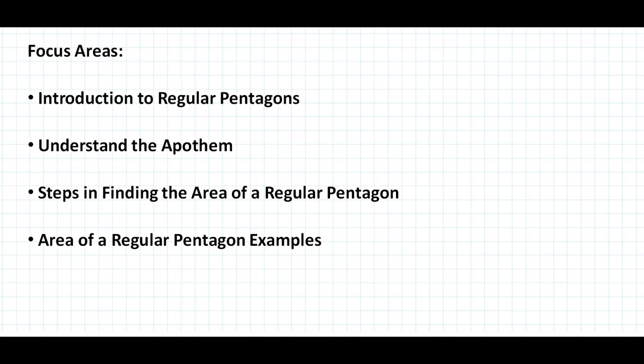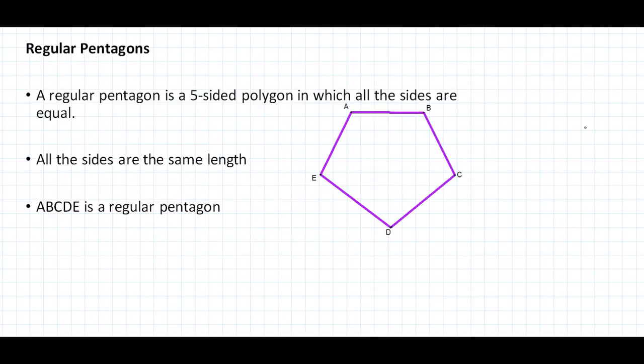So let's begin. A regular pentagon is a five-sided polygon, and the word regular here simply means that all the sides are equal. Also, it means that all the angles are equal. And so we can see here, approximately, ABCDE is a regular pentagon. We're saying here that all these angles are equal.